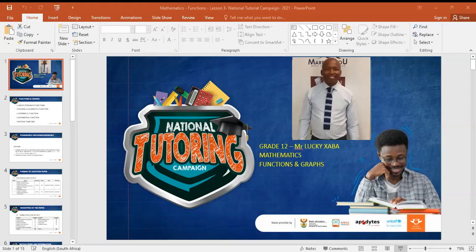Okay. But I know others, you are using a different notation. If you're using that different notation, you would say y is an element of a square bracket.